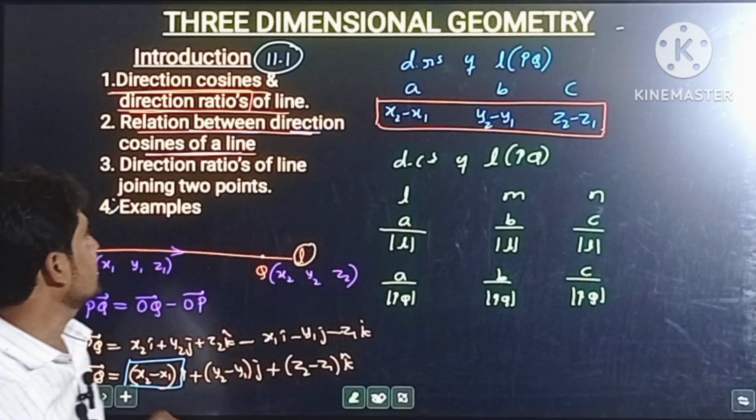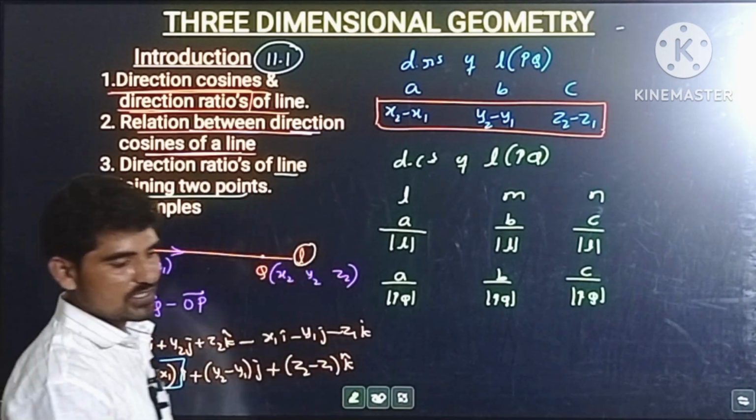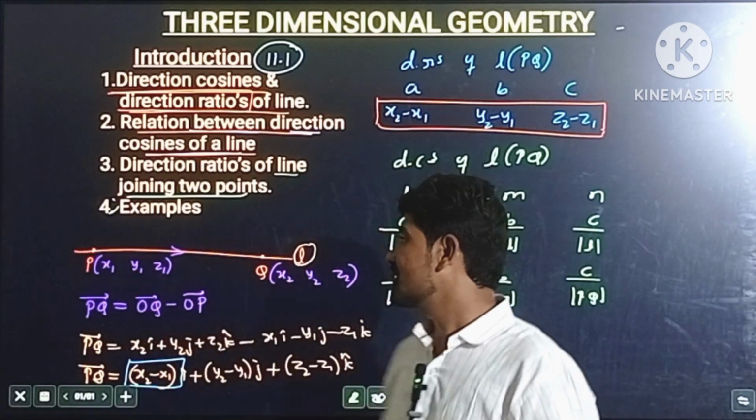So these are the direction ratios and direction cosines of a line joining 2 points. I hope all of you understood.